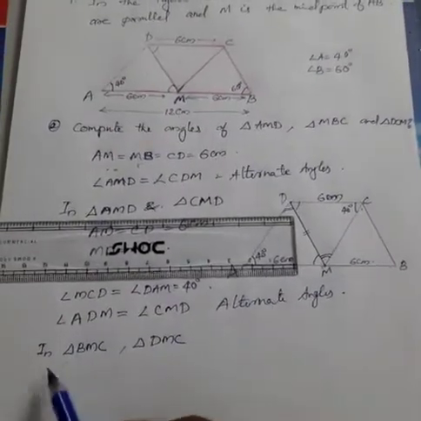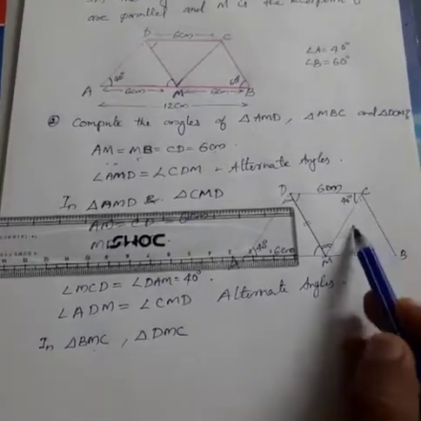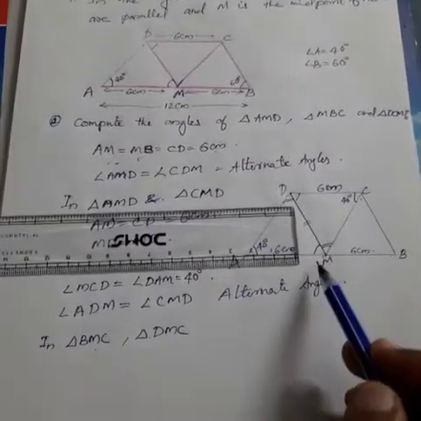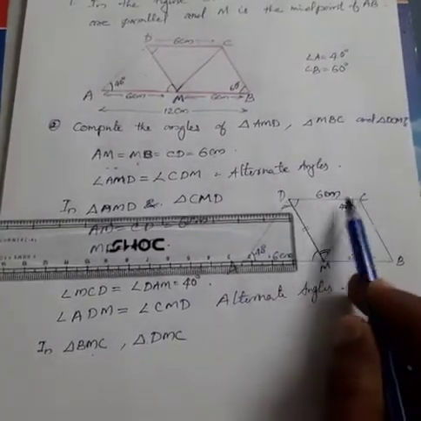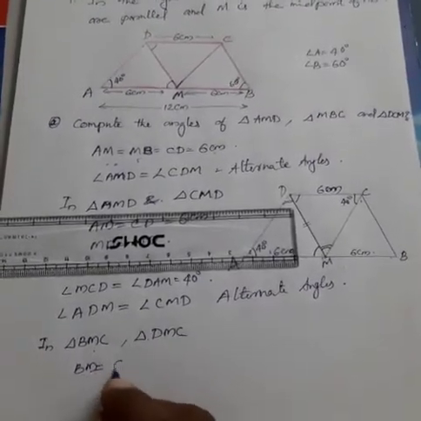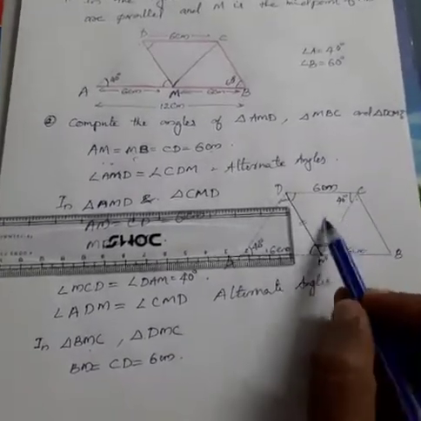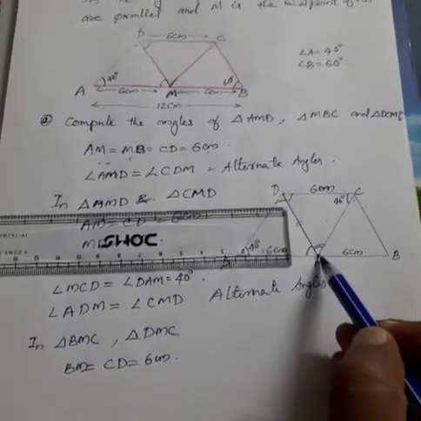Next, in triangle BMC and triangle DMC, if you consider these two triangles, BM is equal to CD equal to 6 centimeter. And if you consider these two triangles, this side is common.